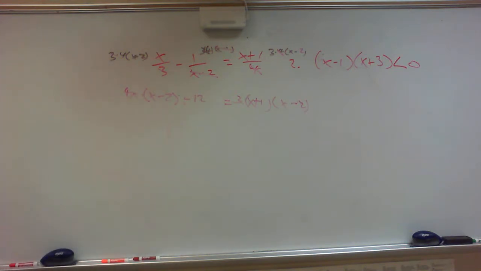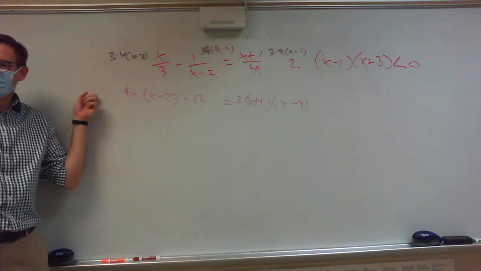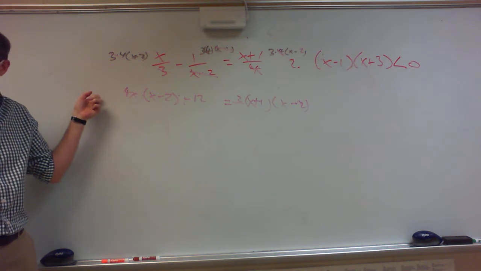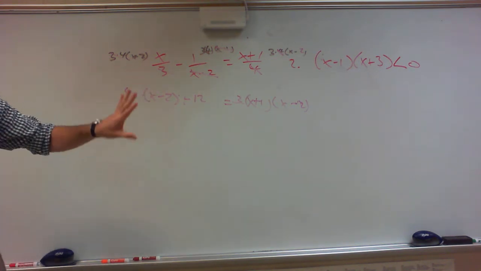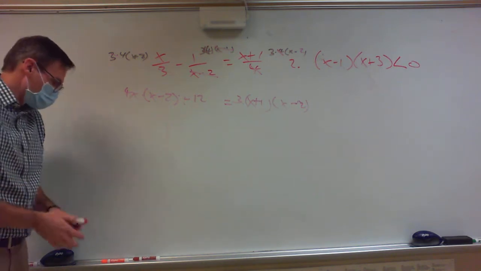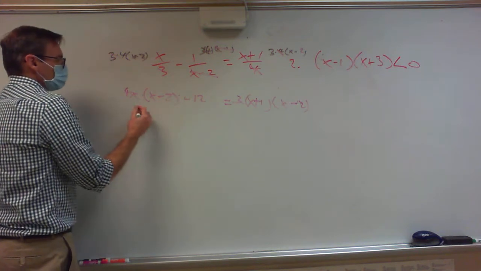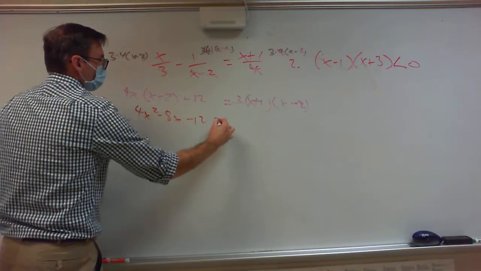Okay, so after all of my careless mistakes, leaving off things, is this correct? Yeah. Okay. So our main goal was to get rid of the denominators, and now that we got rid of the denominators, now we can go about solving this. So I'll distribute this. That's going to give me 4x squared minus 8x minus 12.